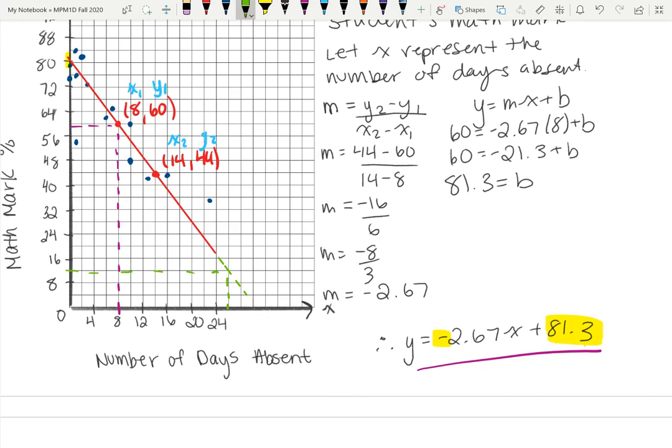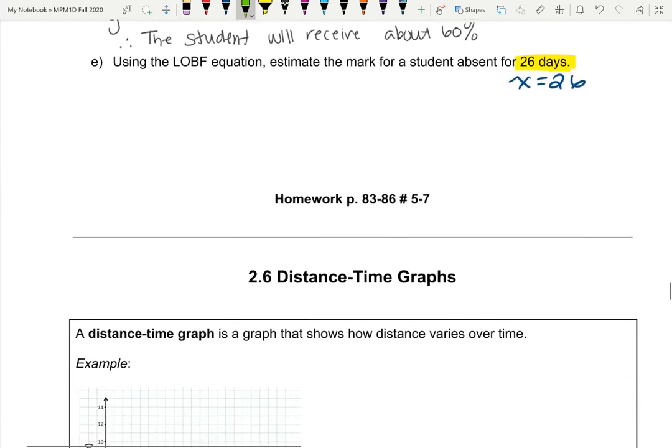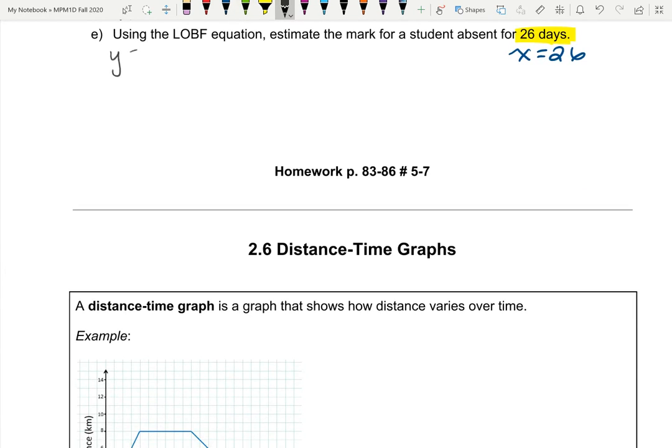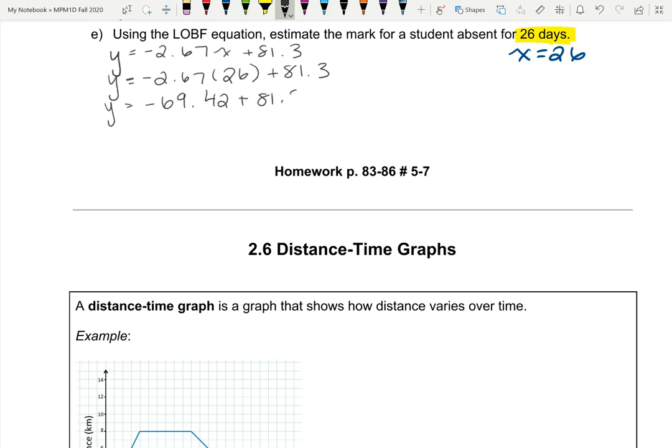So, extrapolating, but algebraically. So this is about 12%.